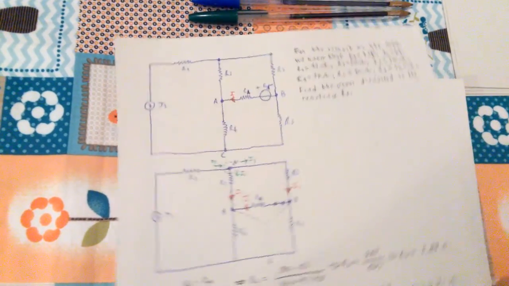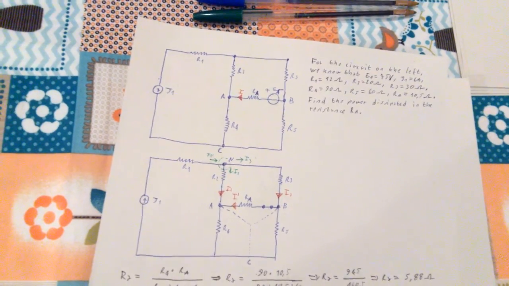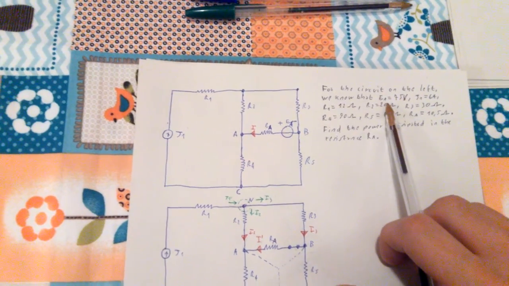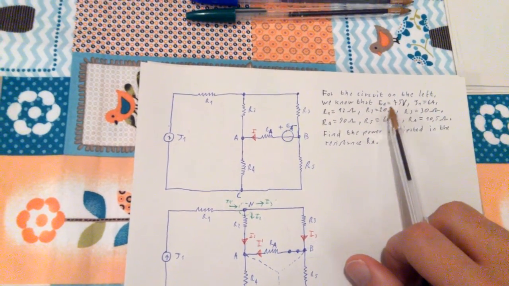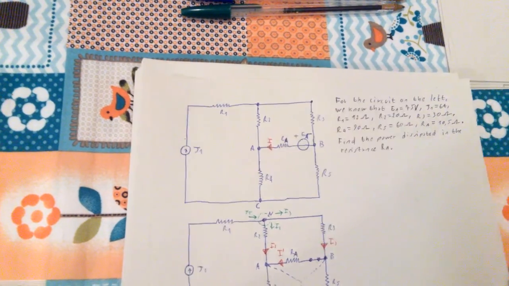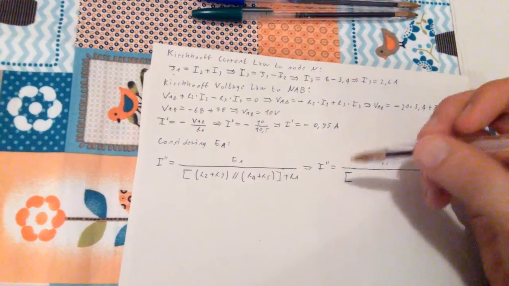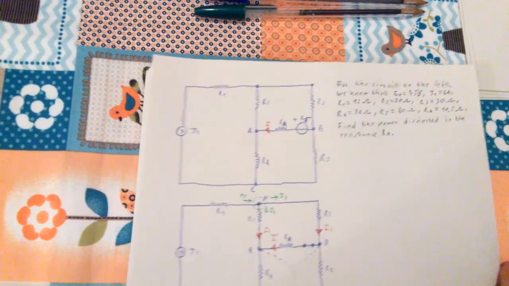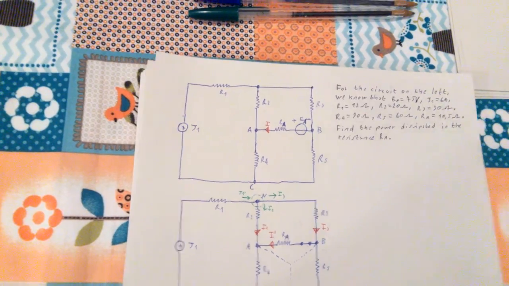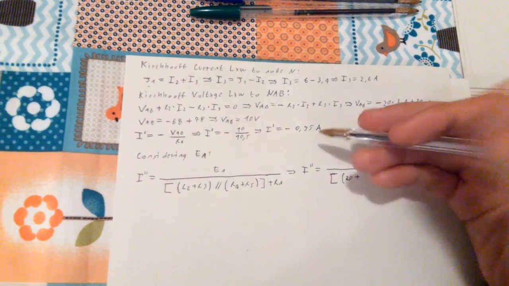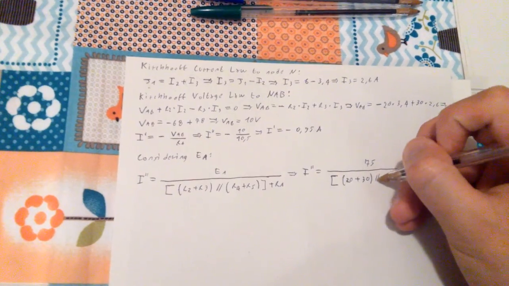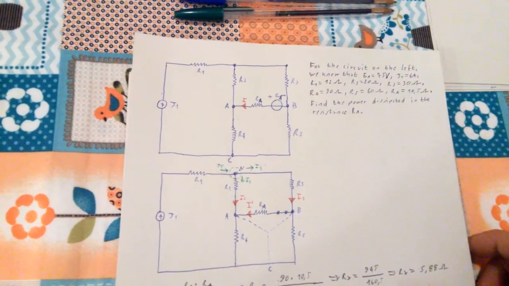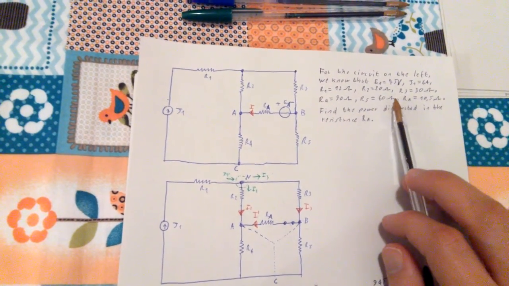R2 is a struggle when you have to go to the other page, isn't it? All the time. So R2 is 20 ohm, plus R3, which is 30 ohm, in parallel with R4, which is 90 ohm, plus R5, which is 60 ohm.